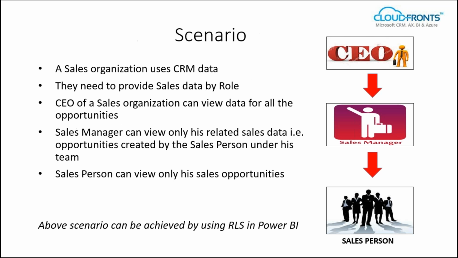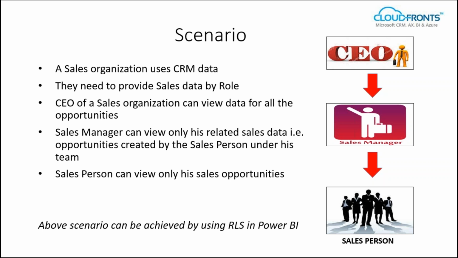Next for this webinar, we have created a story type of scenario which I will explain first, so that you can be clear on what exactly we are doing and why we need this row level security to be executed.